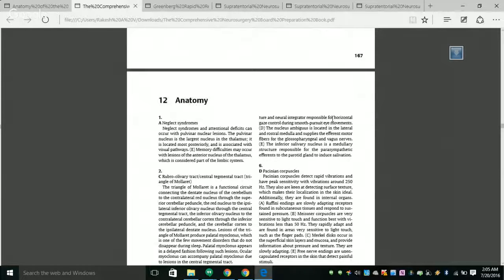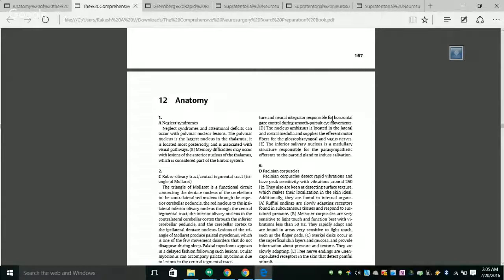And the nucleus ambiguus is located in the lateral and rostral medulla and supplies efferent motor fibers for the glossopharyngeal and vagus nerves. As I said, nucleus ambiguus is associated with three cranial nerves. I've seen two here, that is 9 and 10, but I had read that it's associated with 9, 10, and 11.